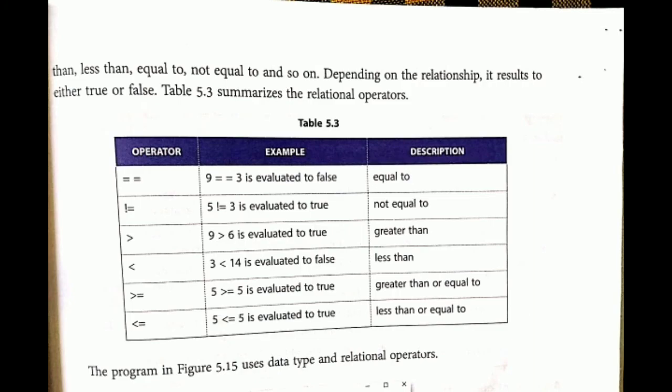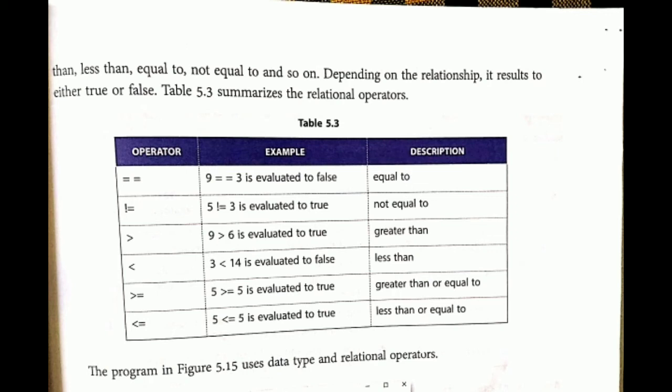Now look at the different types of relational operators. First one is equal to. Second one is not equal to. Third one is greater than. Fourth one is less than. Fifth one is greater than or equal to. And last one is less than or equal to.